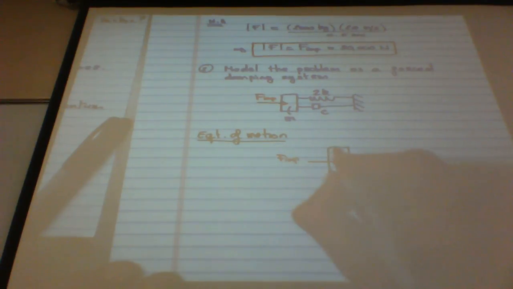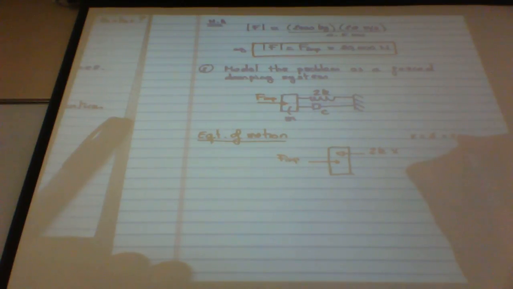At impact, what could you have over here? 2Kx, but we know the x should be equal to delta at the most, no? 20 centimeters. And then this will be the Cx dot.